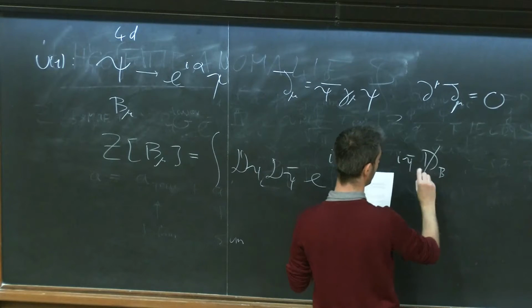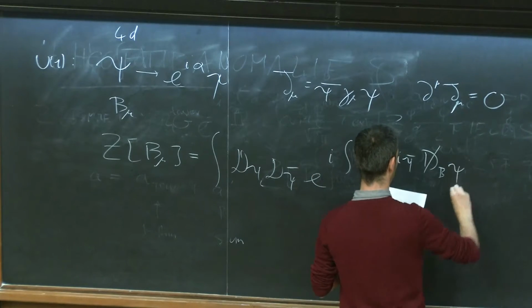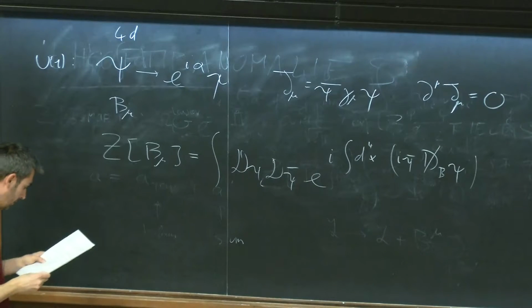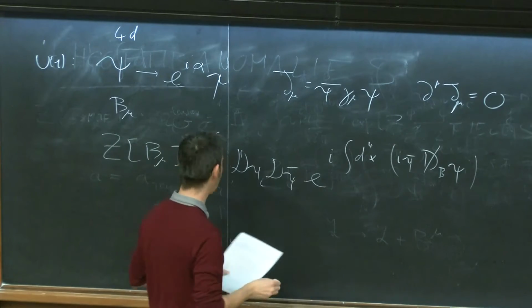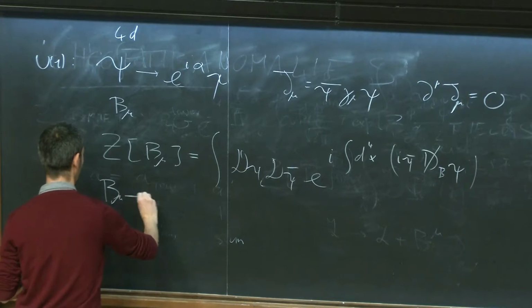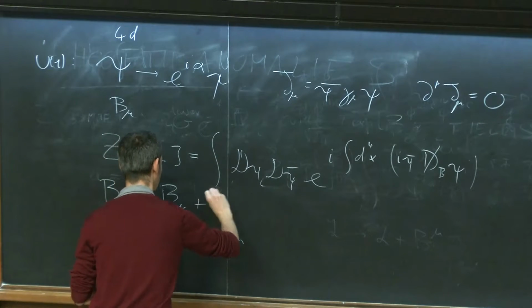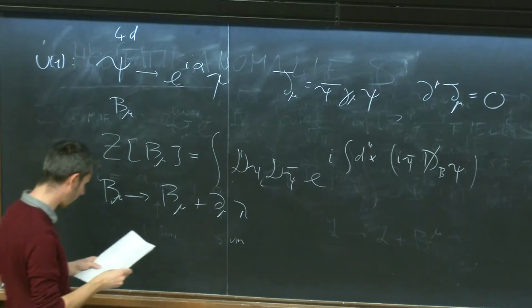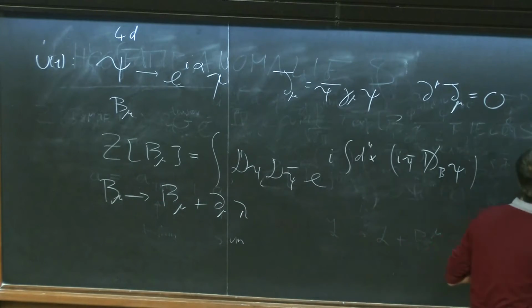And now we have here our background field in the covariant derivative. And now we can ask, okay, how does this partition function change if we perform a gauge transformation? Okay, this is abelian, so simple. And how does it change?